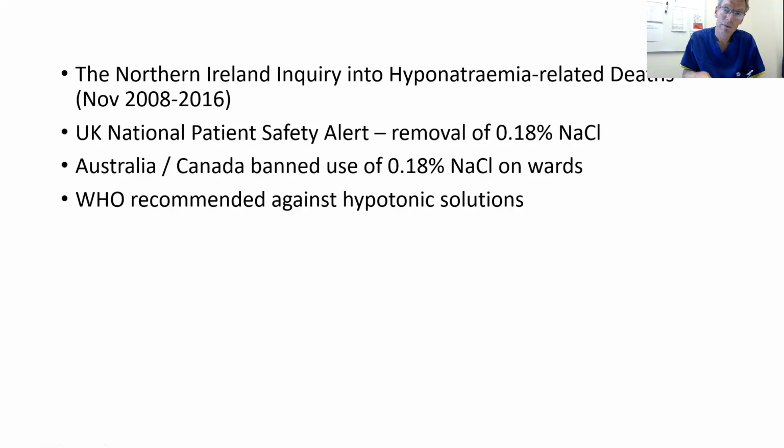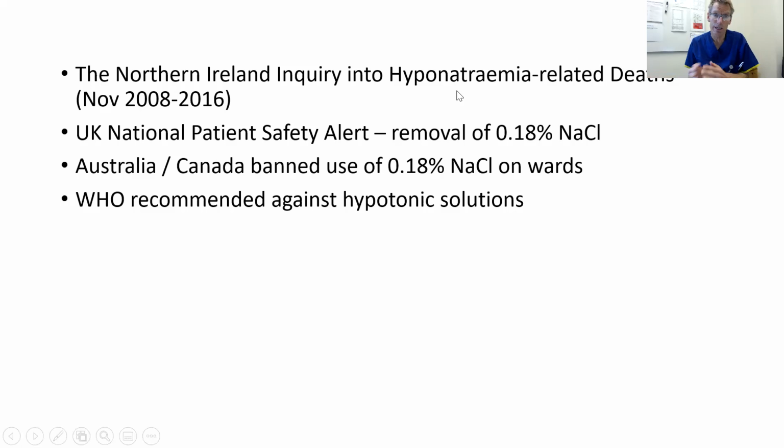This fluid was used in all wards in almost all countries, but it was found in these case reports I described to be quite closely related to hyponatremia in certain conditions, like pneumonia and bronchiolitis, meningitis and encephalitis. So it's actually quite a dangerous fluid in patients who are at risk of hyponatremia.